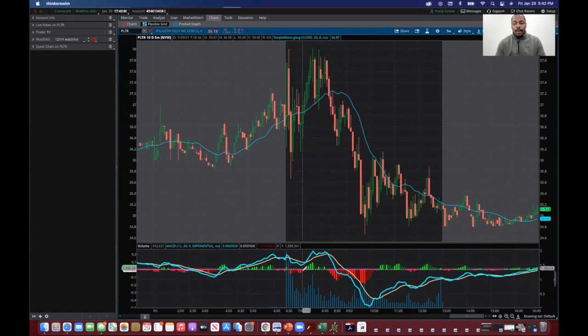And when a crossover happens, right, when the stock crosses over and upward, it's time to jump in. When it crosses over downward, it's time to jump out. This is why it's called a signal line. The signal line is trying to express to you that the stock is either about to go up or about to go down.